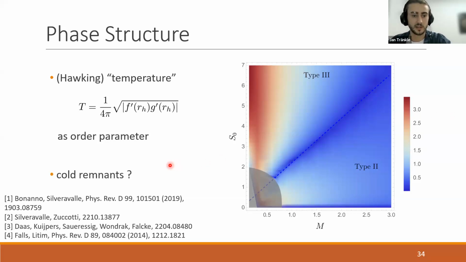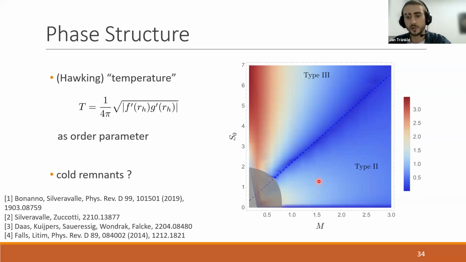Now, I told you in the beginning that in the RG improvement, typically one finds indications for cold remnants. There's a nice discussion on the thermodynamics of black holes in this paper down here, and there's a possibility that cold remnants would also be possible in this type of theory.